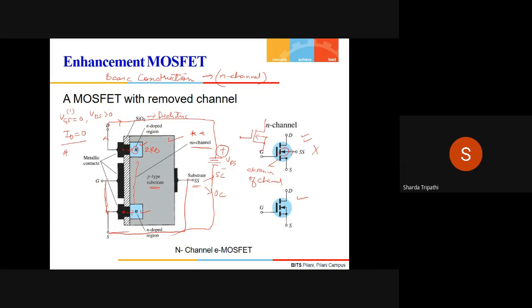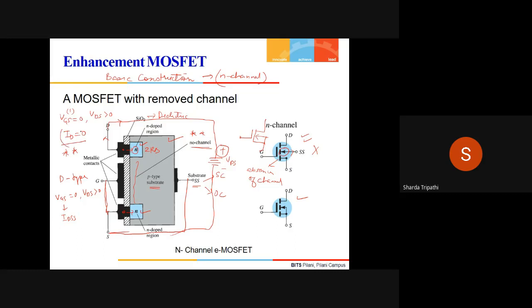So this is another very important difference when you compare the working of the depletion type MOSFET and the enhancement type MOSFET. If you remember, in case of depletion type MOSFET, when VGS was equal to 0 and VDS was greater than 0, that time we had the maximum saturation current flowing through the transistor, and we denoted this as IDSS.